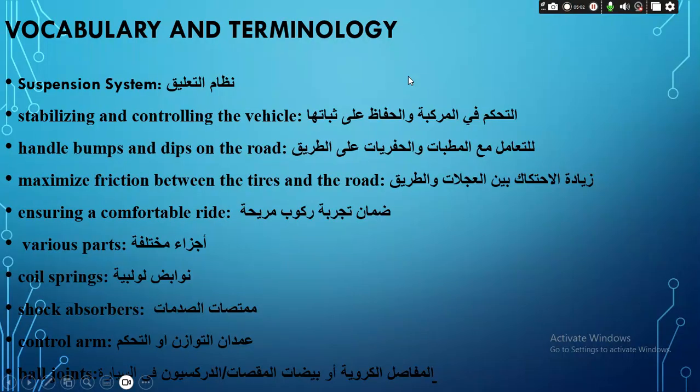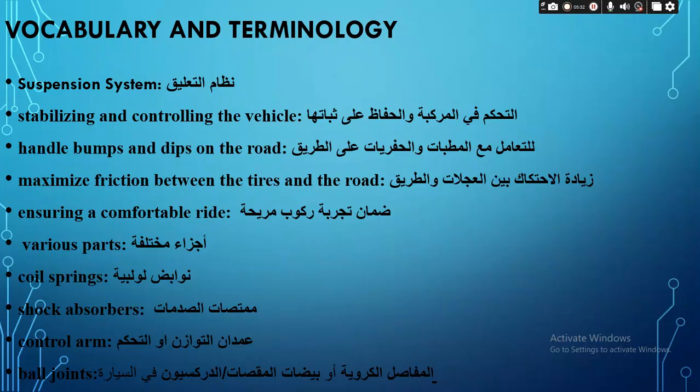Now let's review our important vocabulary and terminology for this video. Suspension system. Stabilizing and controlling the vehicle. Handle bumps and dips on the road. Maximize friction between the tires and the road. Ensuring a comfortable ride. Various parts. Coil springs. Shock absorbers.